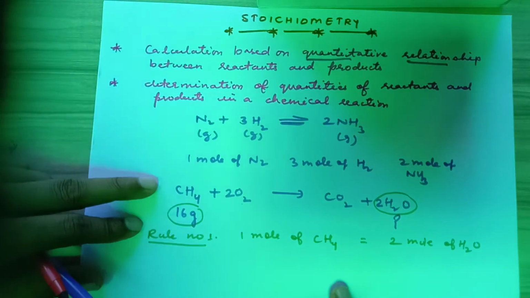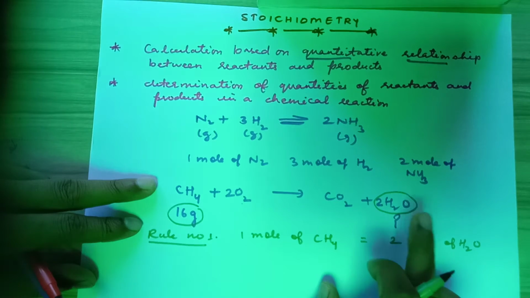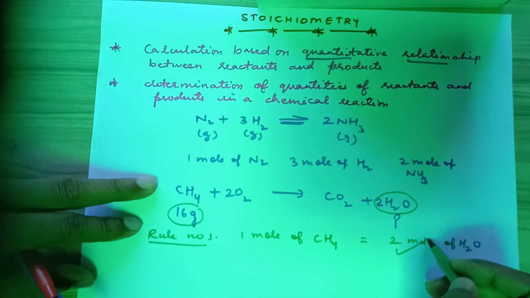This is the general interpretation from the given equation, because this one is given and this one has to be found out. Now if we are dealing in terms of moles, we are clear that 1 mole of CH4 will give 2 mole of H2O. So the first concept is clear.